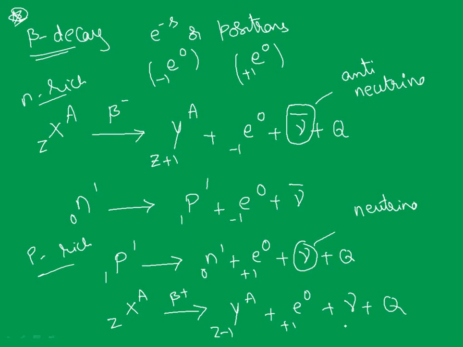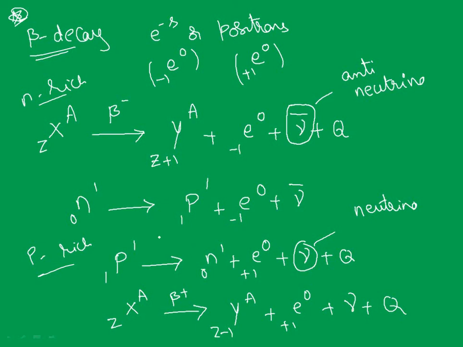Are we clear with this? So for a proton rich nucleus as well as a neutron rich nucleus: as it is neutron rich, the neutron will be converted to a proton and an electron here, while for proton rich, the proton will be converted to a neutron and a positron. So keep that in mind.